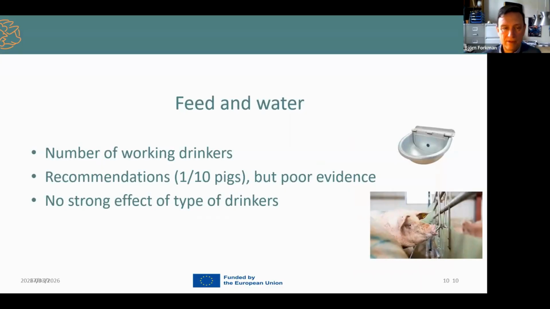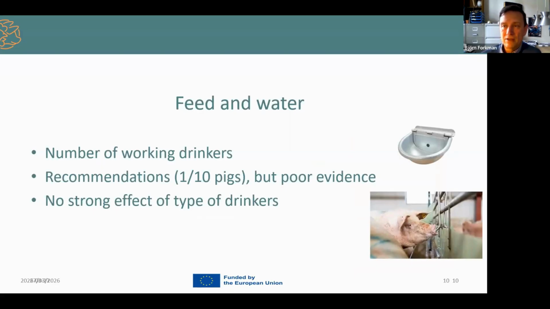What about water provision? Well, it's an easy resource-based measure, number of working drinkers. The issue here is not whether it's difficult to check. The issue is that we don't really know how many drinkers are necessary.